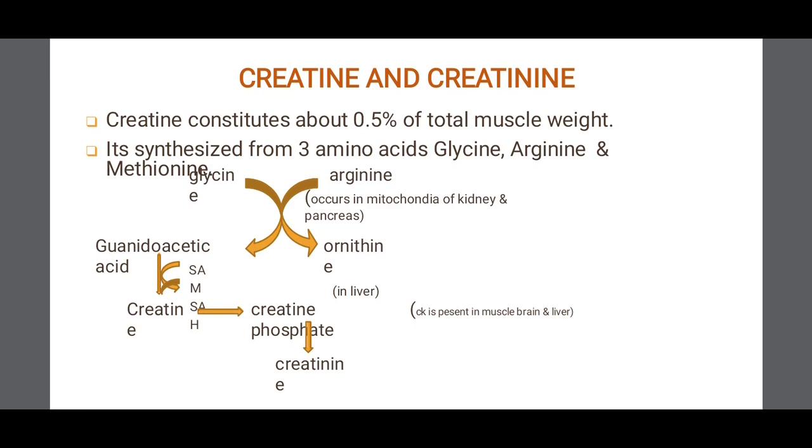And now creatine and creatinine. Creatine constitutes about 0.5% of total muscle weight. It's synthesized from three amino acids, glycine, arginine and methionine, via guanidinoacetic acid to creatine, and creatine phosphate is formed in the liver.